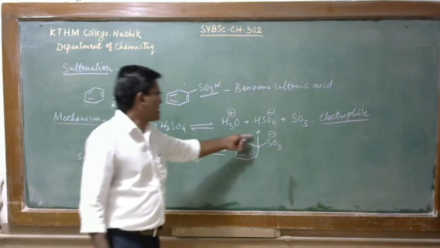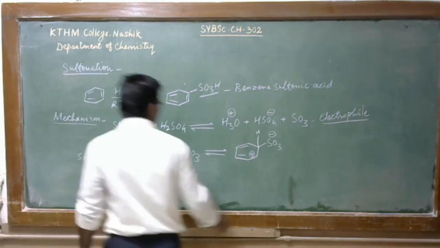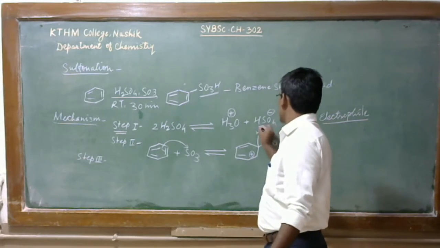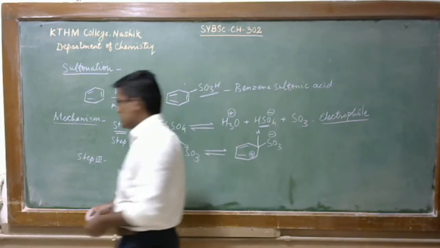Then in step 3, this proton gets eliminated, since we have the conjugate base HSO4 negative.